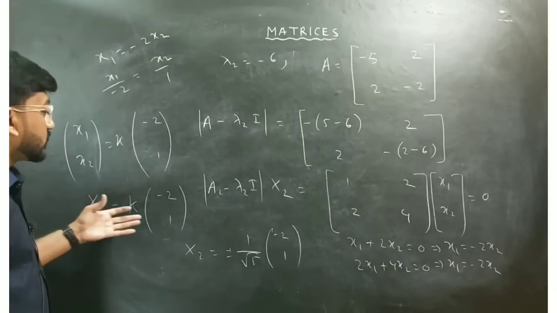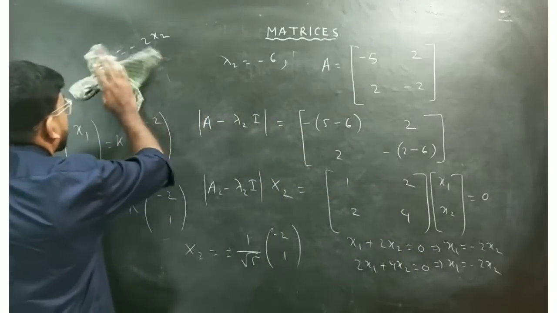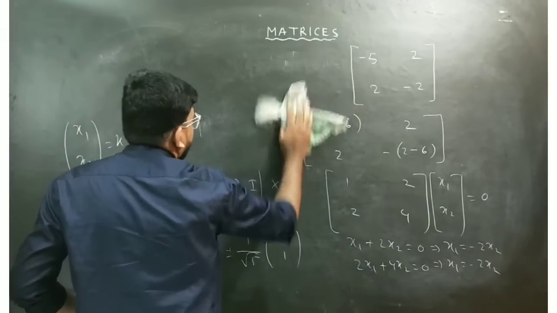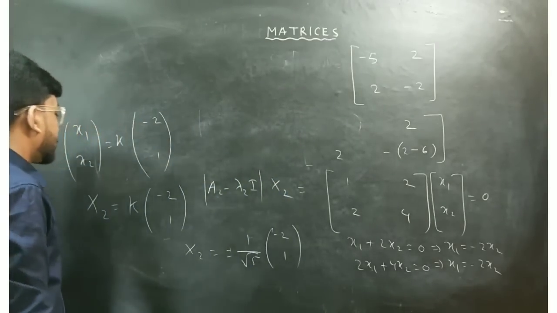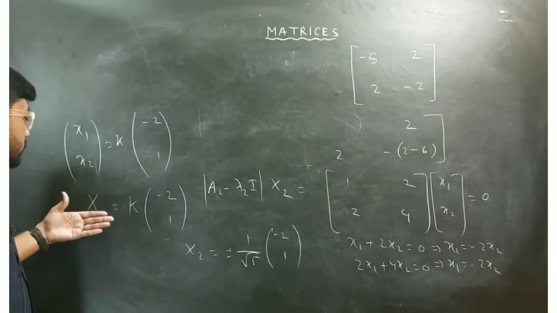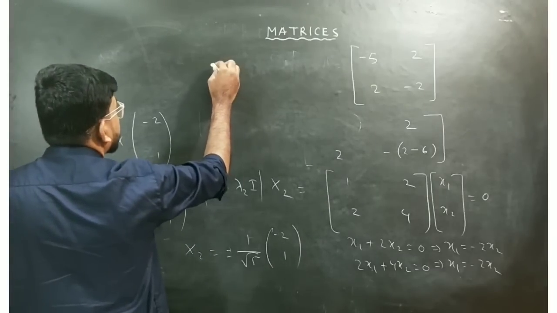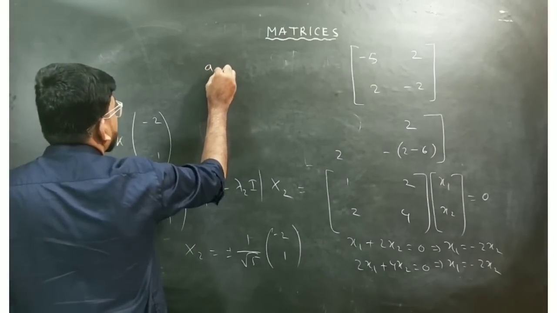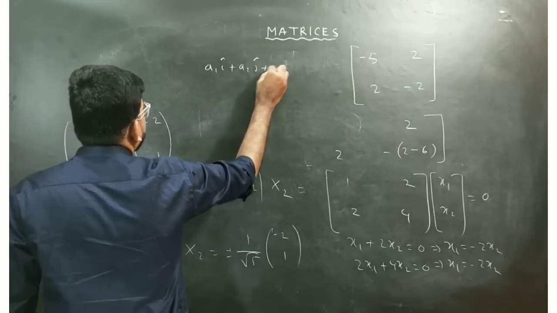Otherwise you can understand this normalized condition by using the ordinary 3-dimensional vector algebra that you know. Suppose you have two vectors which are normalized. In that case suppose one vector has components a1 i cap plus a2 j cap plus a3 k cap.